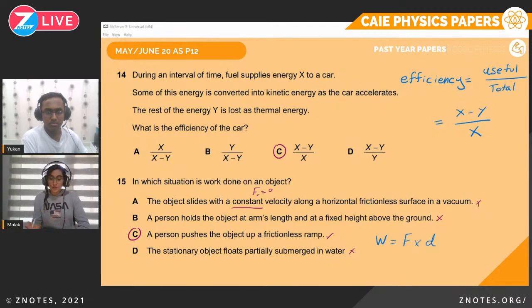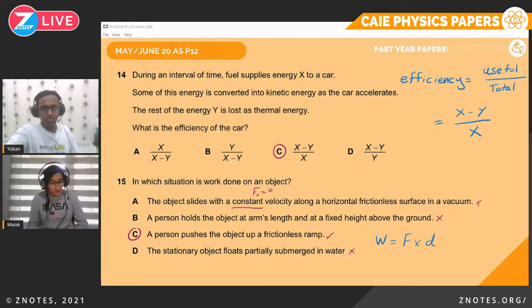Efficiency of the car is useful energy over total energy. Correct? Now we know Y is the lost energy and X is the total. So useful would be the total minus lost, so X minus Y is the useful energy, and then over total, which is X. So X minus Y over X. Is that clear? And we get C.